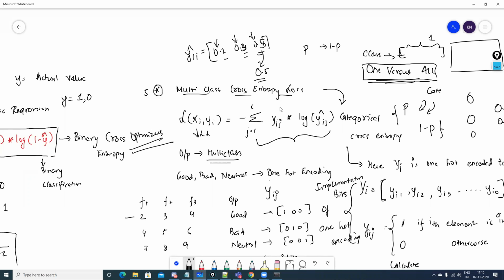Negative into negative into 1 would be a bigger positive number, right? Similarly, let's say my yij is 0, then that term will be 0, and the summation of that will give me the loss. Yes, always remember, this log function will give you a negative value, so negative into negative will become a positive value. So your loss will always be a positive value, and you'll try to reduce that value to a minimum.